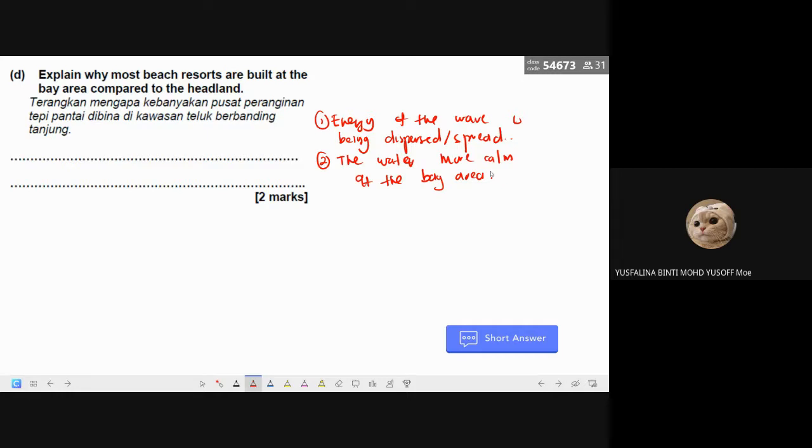They didn't mention heat here, so this is not kinetic energy. Maybe you can use that one for the reflection of sound, right? From the hot air at the bottom layer of the air, the kinetic energy there is higher. That one is fine for sound, but for the water, no, because they didn't mention that they heat the water or something. So the kinetic energy, you have to relate it with the heat usually.